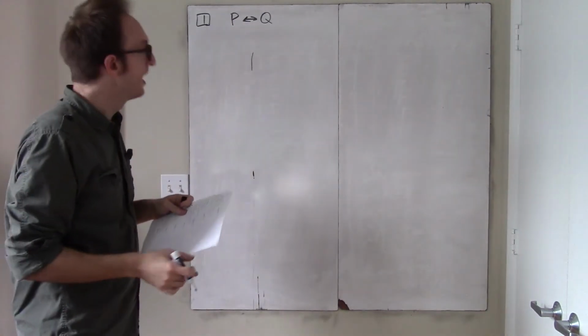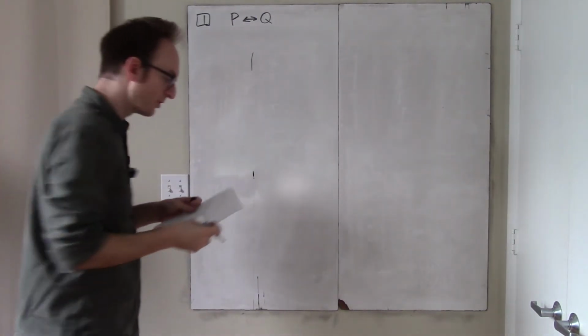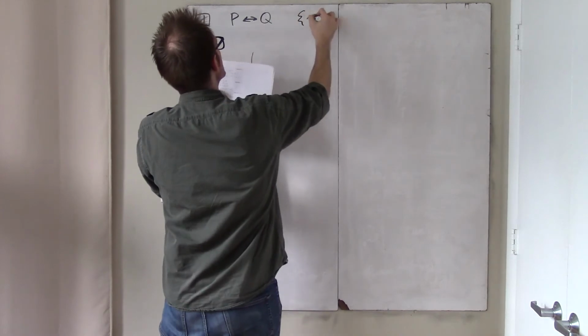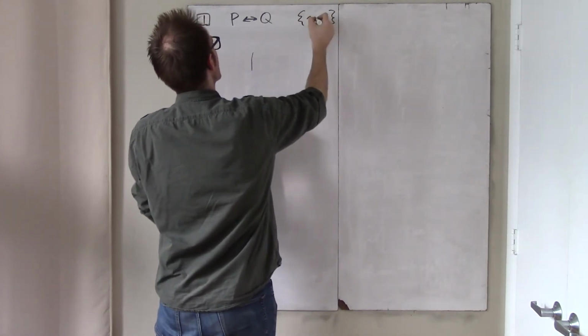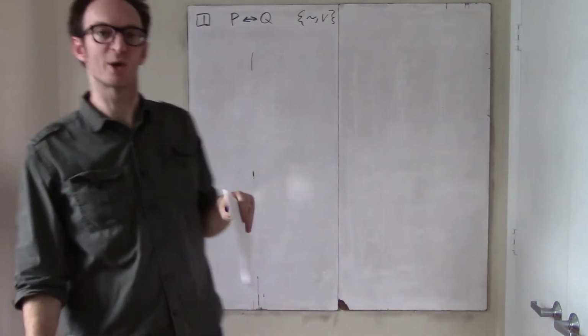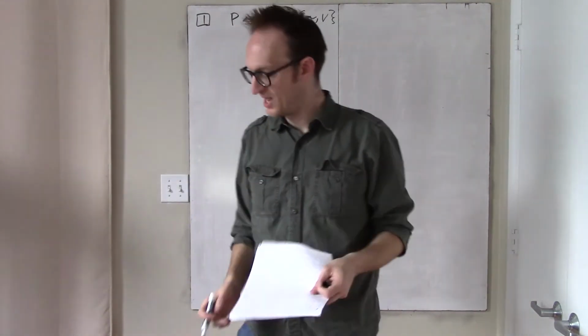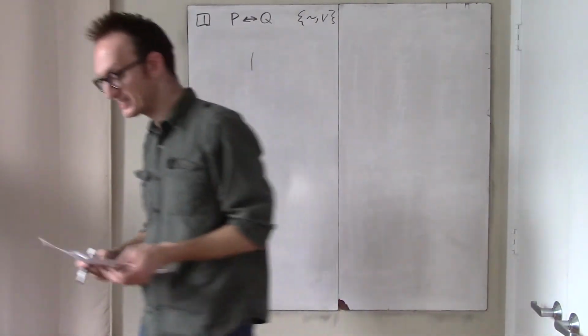Here we are. Here's a sentence: P if and only if Q. I would like to express it using just not and or. Okay, is that possible? Yeah, it's possible. I'm going to show you how to do this. You don't really need me for this, but I'm going to show you what I intend for you to do here.